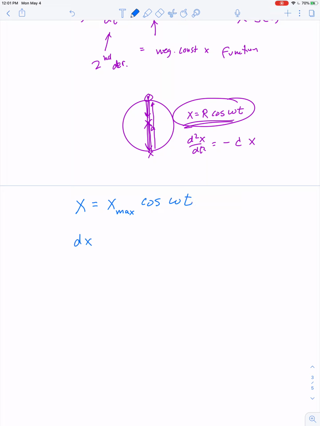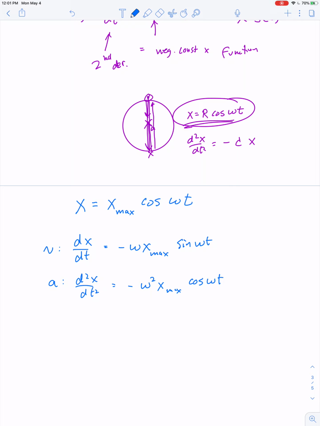Then our first derivative, which would give us an expression for velocity, would be equal to negative omega x maximum sine omega t, and acceleration, the second derivative, would be equal to negative omega squared x maximum cosine omega t.